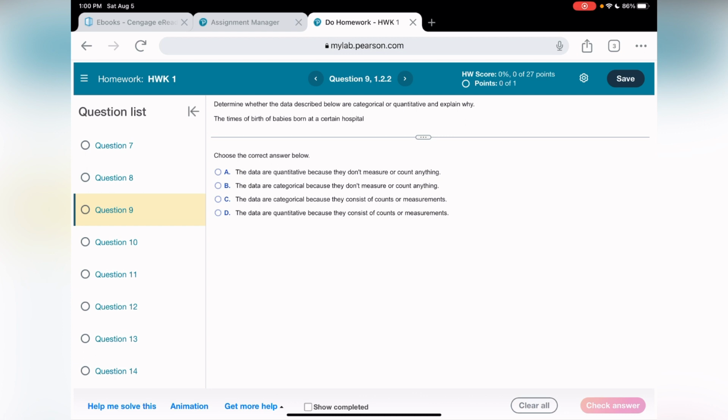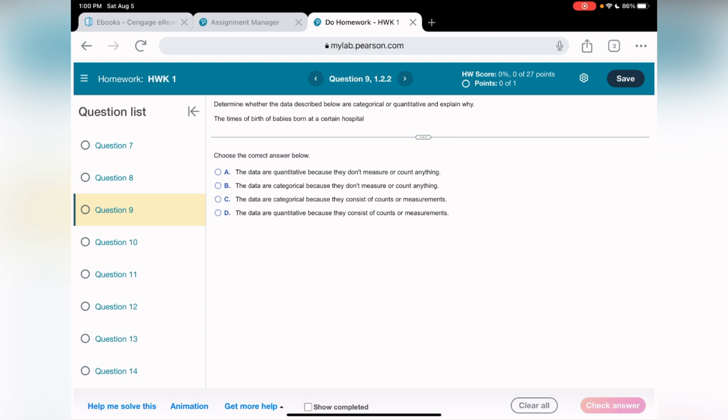What does that mean? That means you cannot count. That's going to be, let's say, sex, race, the name of a brand, or any type of label, the name of the label.